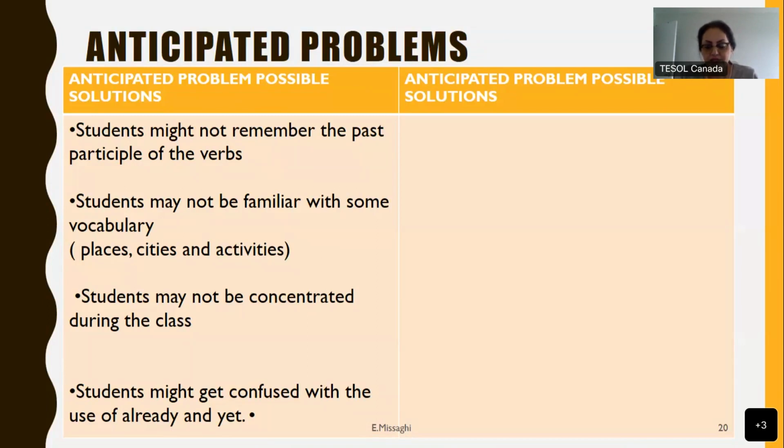If you have any ideas for the solution, either tell me or write it in the chat.